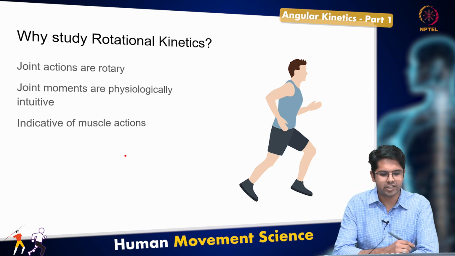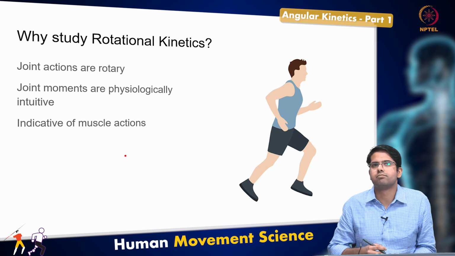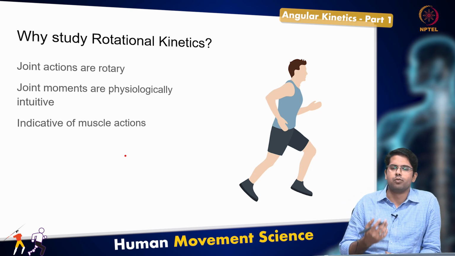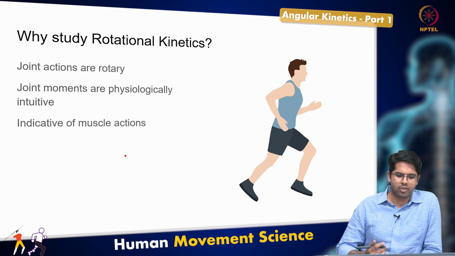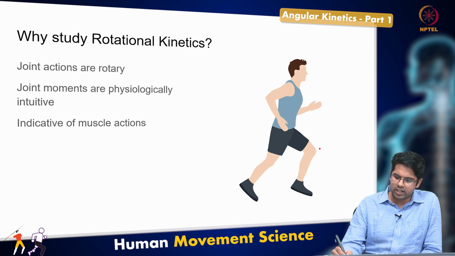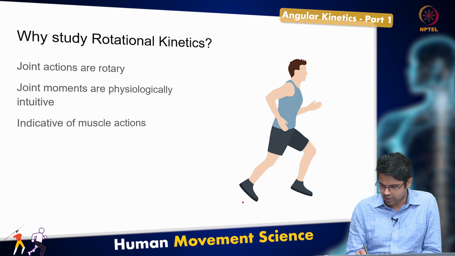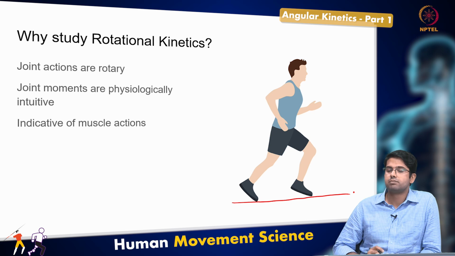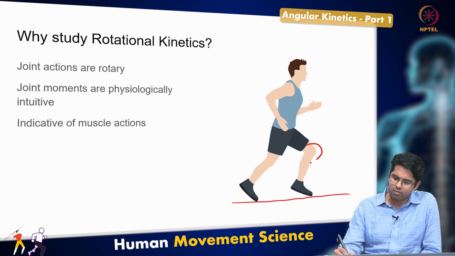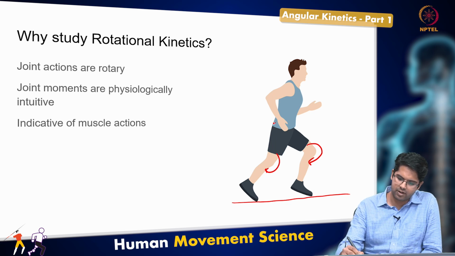Now another question is, why even study this? Building on top of rotational kinetics, as I showed you just now for the bowling action, let's take a simple running action. This subject will be moving their individual joint segments, right?